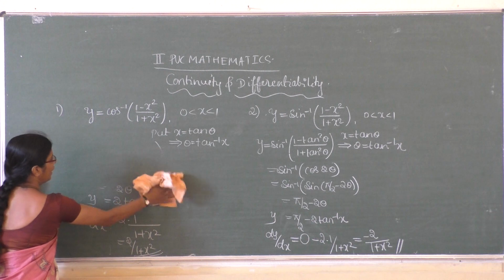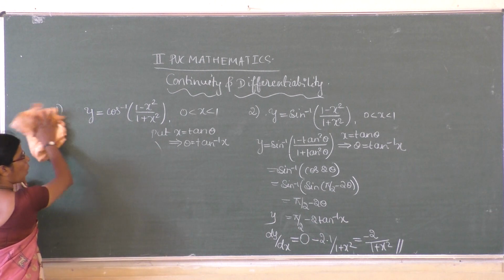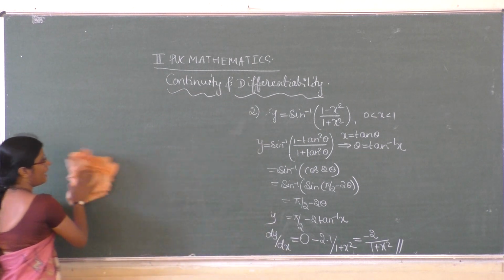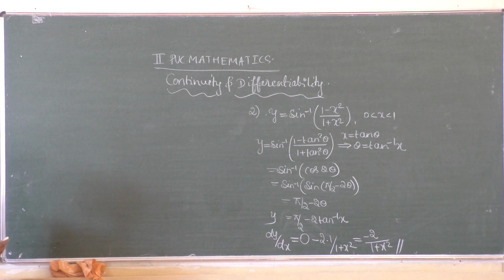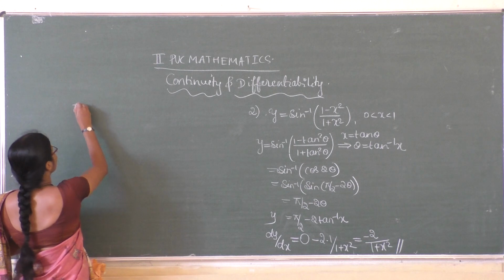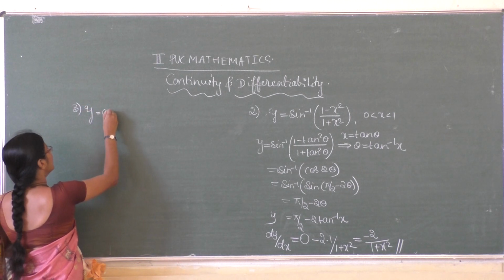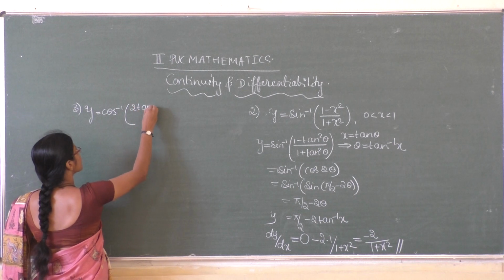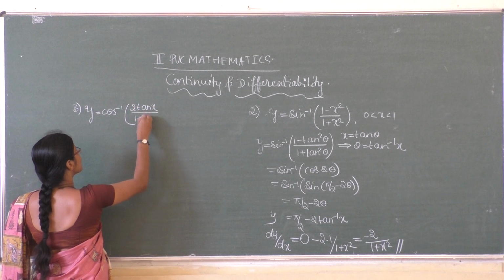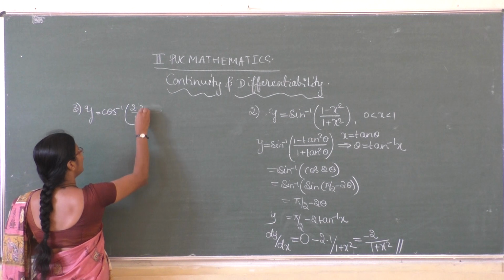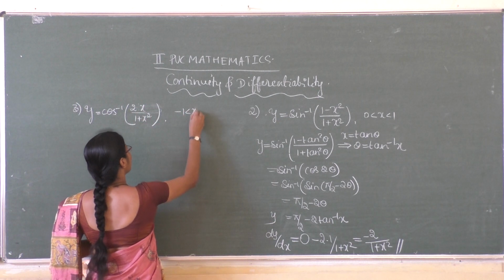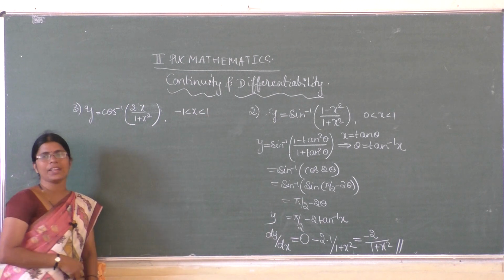So this is how we take the derivative of sin inverse of (1 minus x square) by (1 plus x square). Next function we take is y equal to cos inverse of 2x divided by 1 plus x square, where minus 1 less than x less than 1.